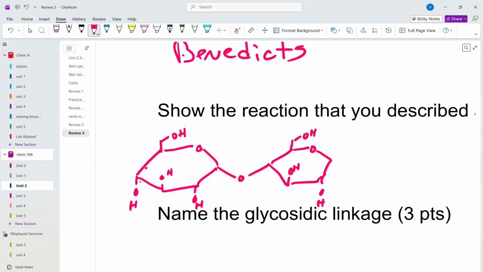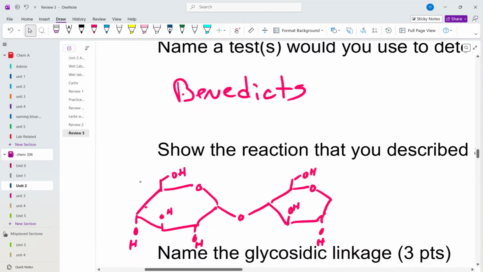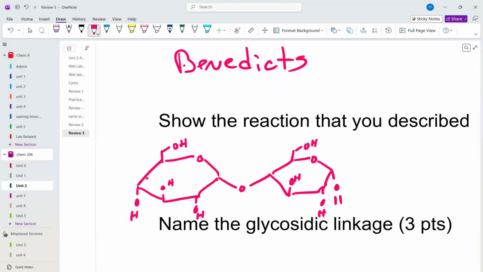Okay, so you start with the closed ring. And this was alpha maltose. Okay.